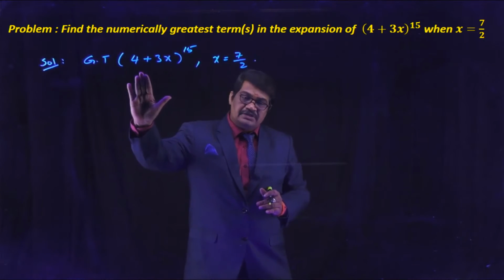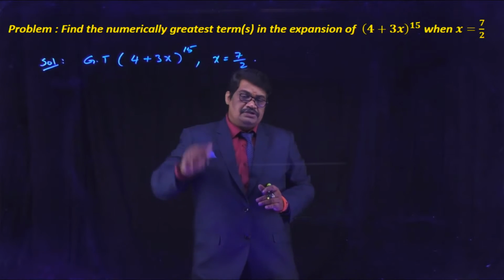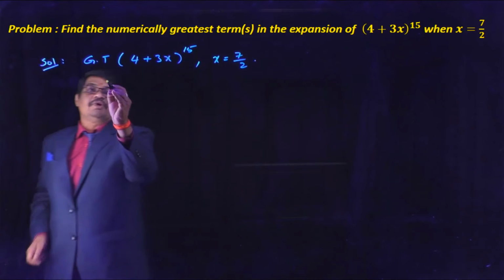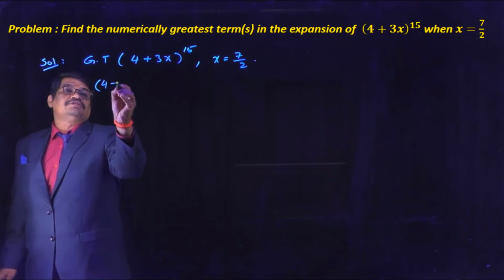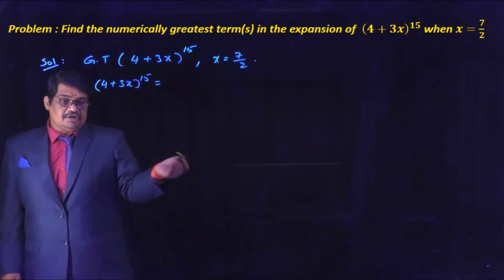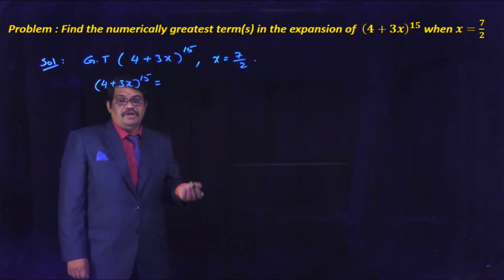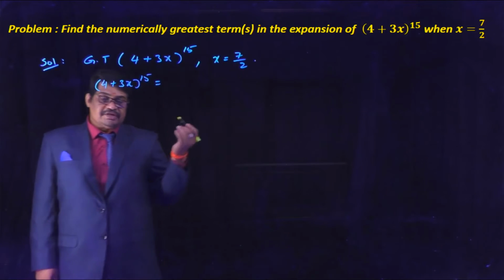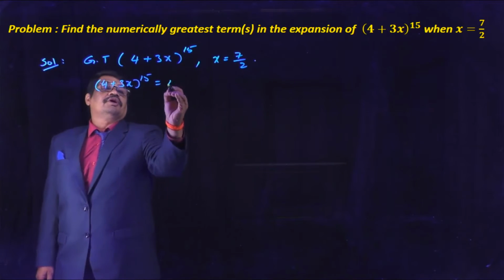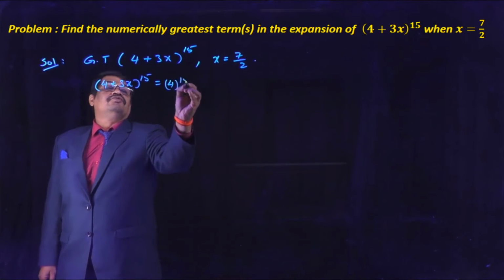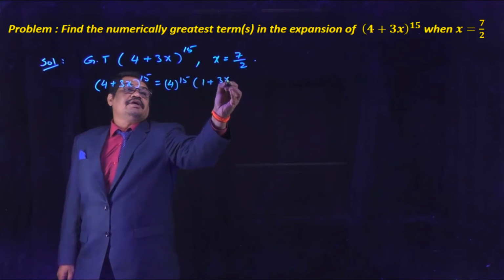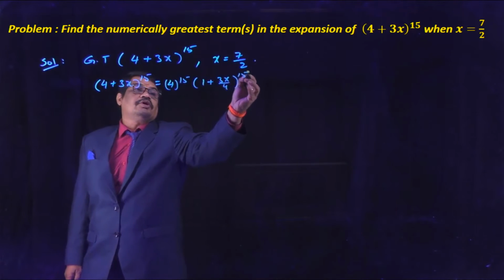Now this expansion is converted into the standard binomial expression. So we take 4 common from (4 + 3x)^15, to convert it into the standard form (1 + x)^n. So taking 4 common, we get 4 to the power of 15 into (1 + 3x/4) to the power of 15.